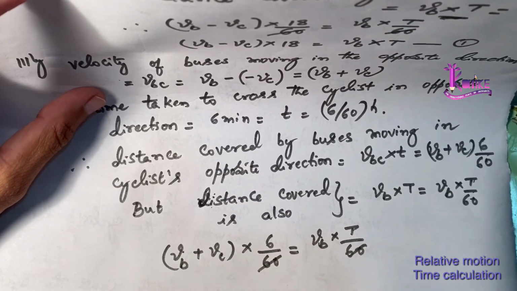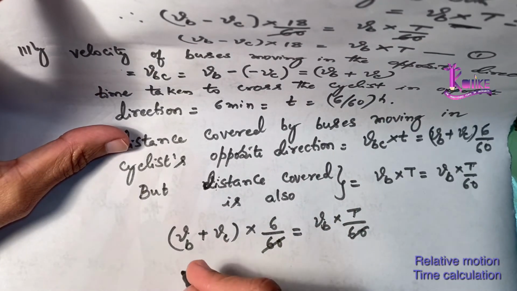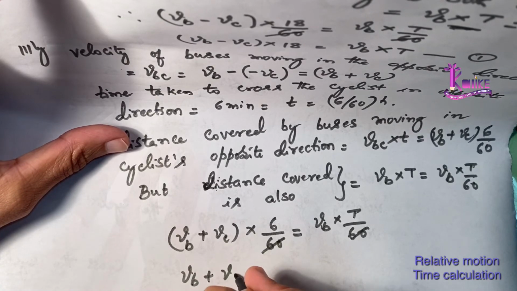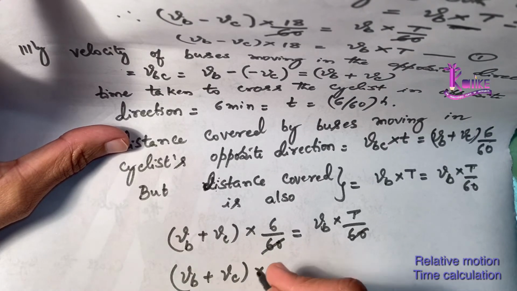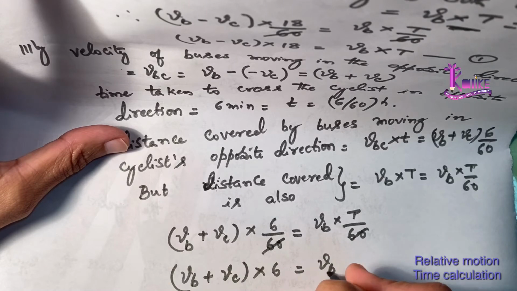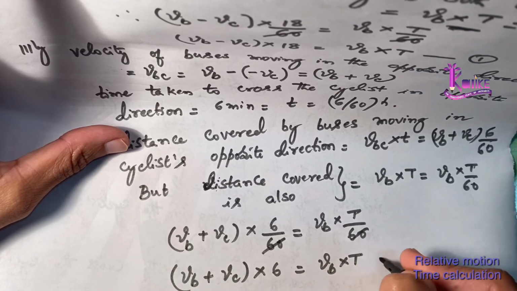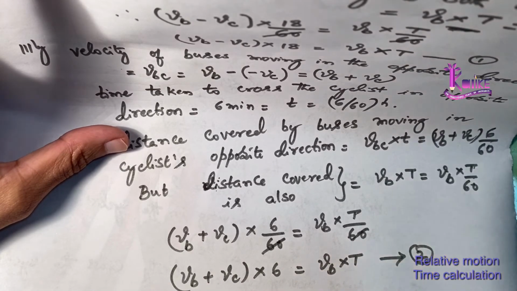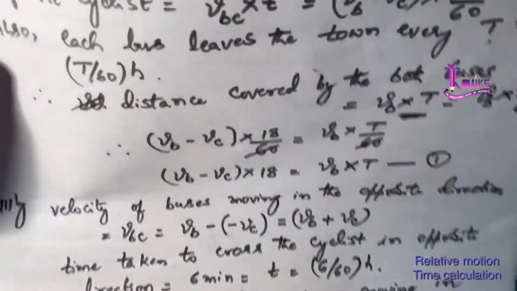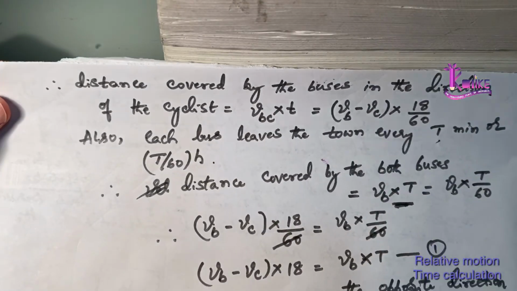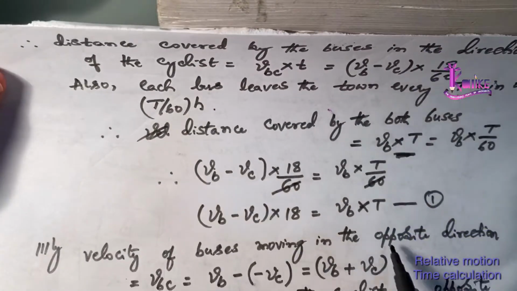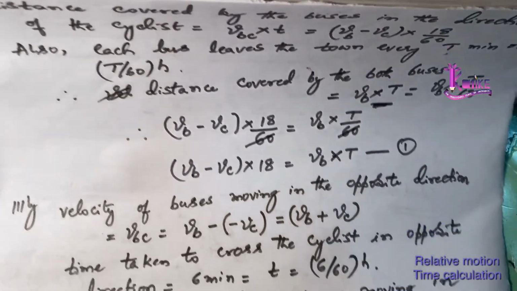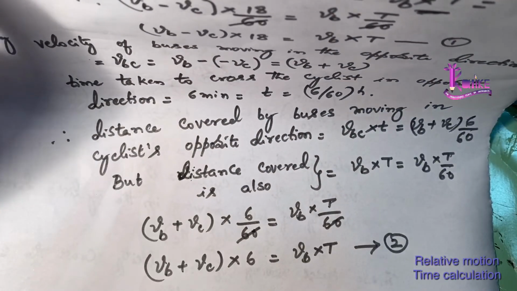So you cancel 60 on either side and you're left with VB plus VC into 6 is equal to VB into T. Let us call this equation 2. So now you have two different equations. This is your equation number 1 and this is equation number 2.